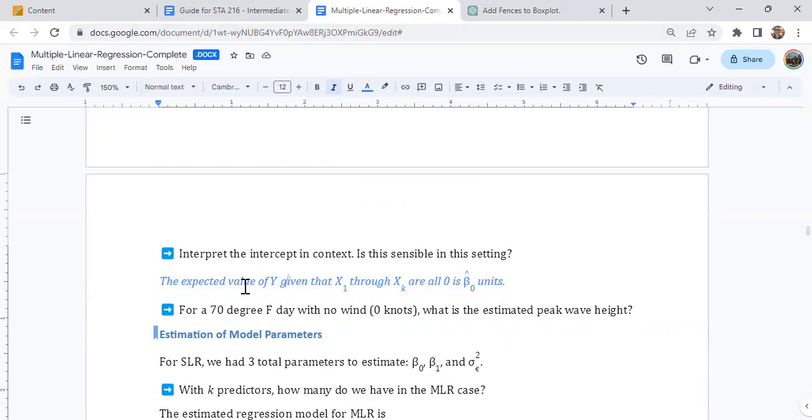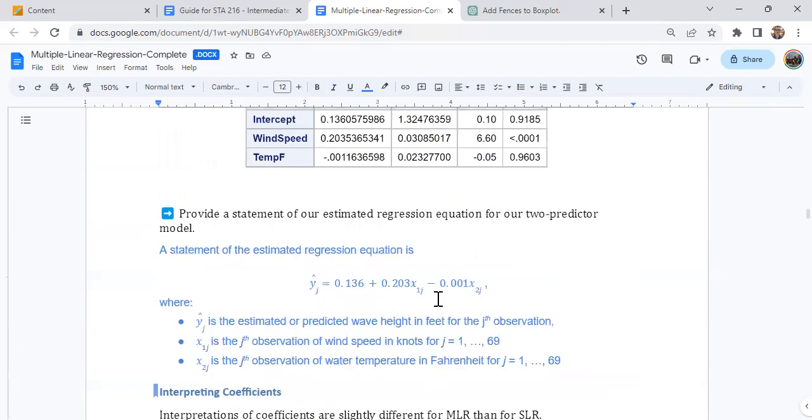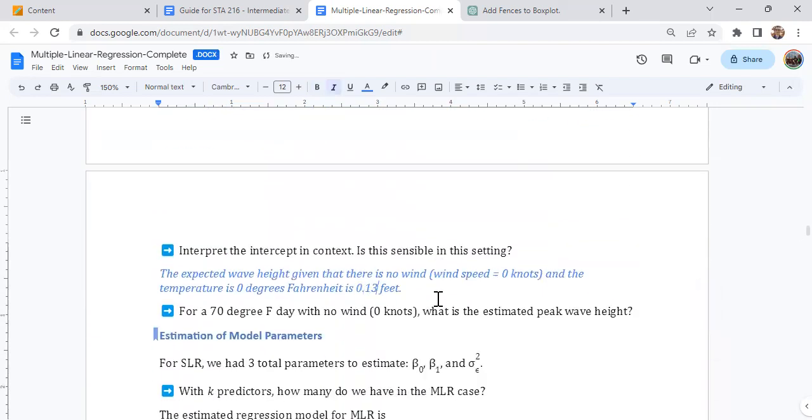The expected wave height in feet, given that there is no wind, so wind speed equals 0 knots, and the temperature is 0 degrees Fahrenheit, is... And what do we put in place for the beta not hat? 0.136. 0.136 feet.